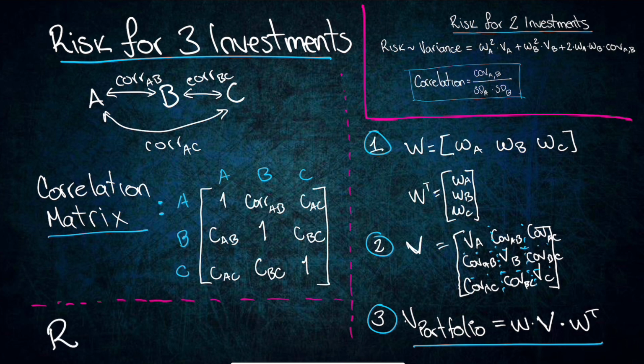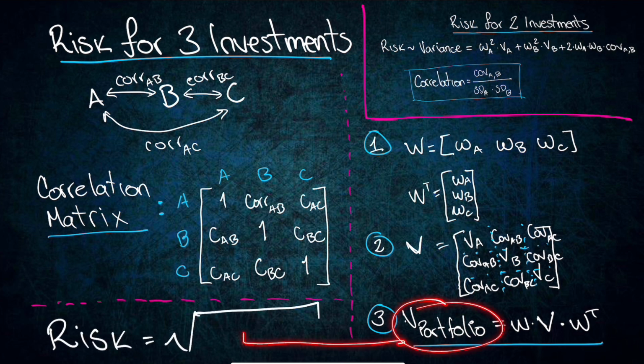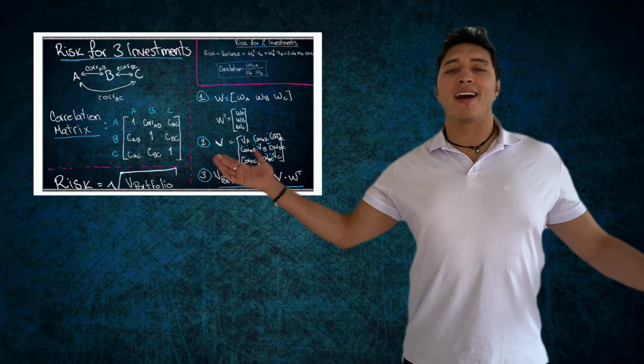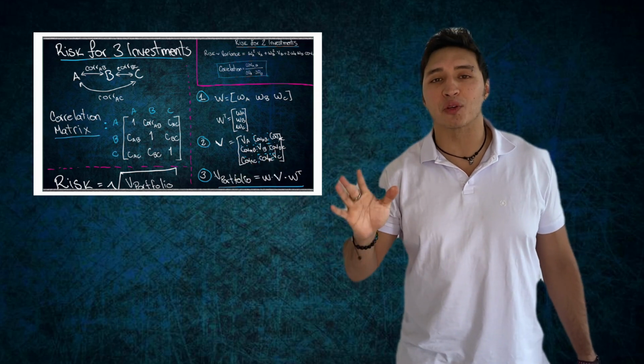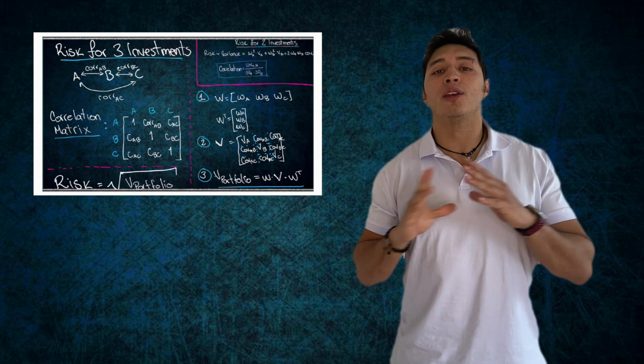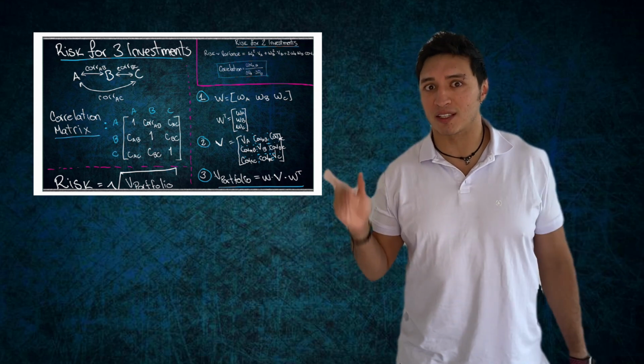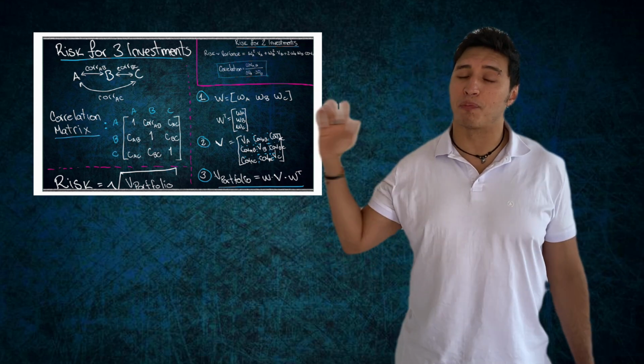The risk of the portfolio will be simply the square root of this variance that we just calculated. And voila, with this formula, you will be able to calculate the risk of your portfolio no matter how many investments you have. And now let's jump to the part in Excel.